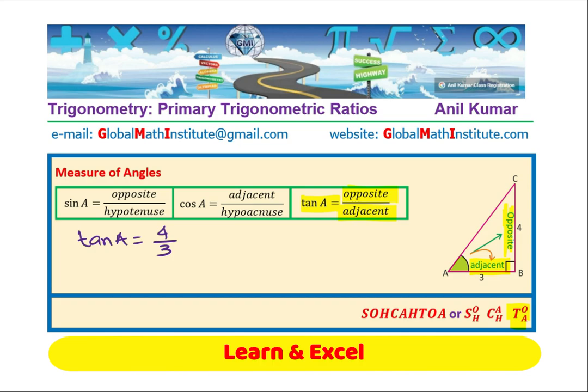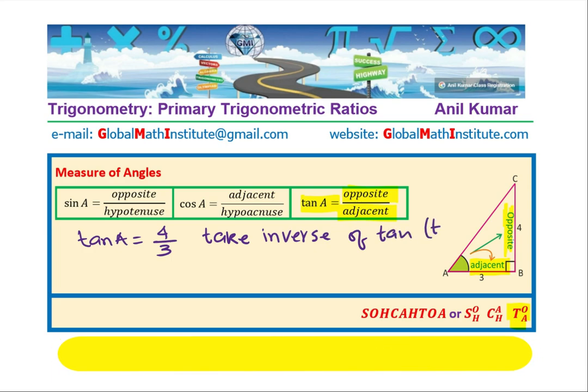Now, you can always calculate this number in decimals, but the idea is, how do we find A? A is found by taking the inverse of tan, right? So now, take inverse of tan, which is tan inverse on the calculator.